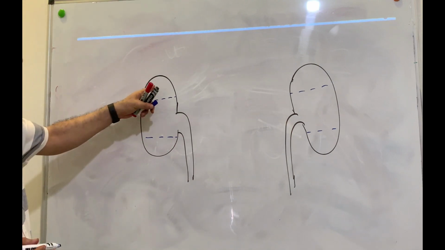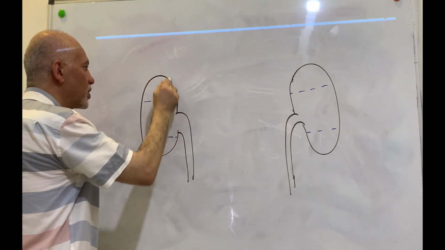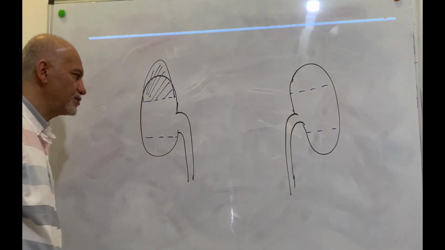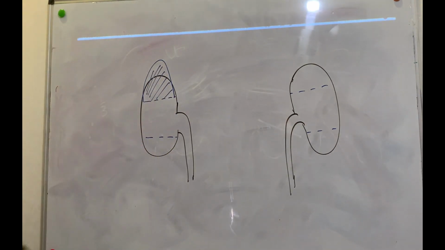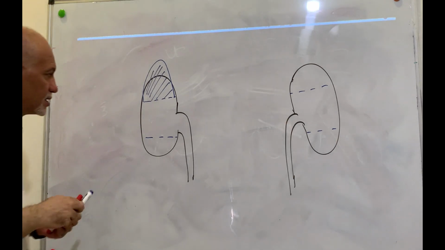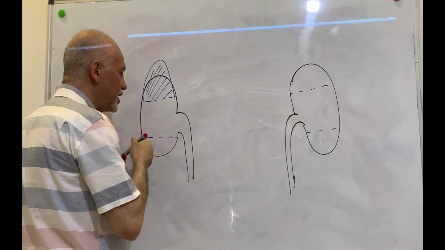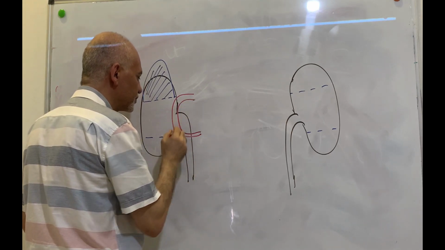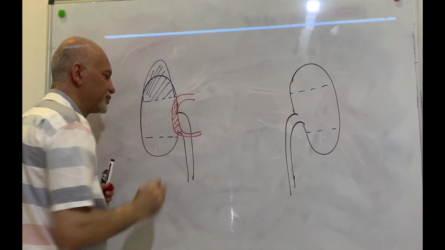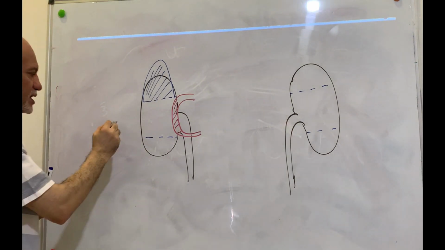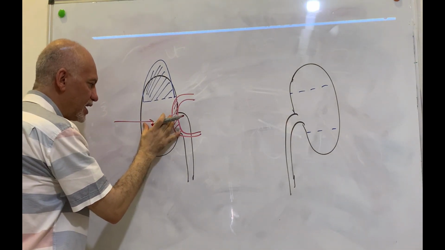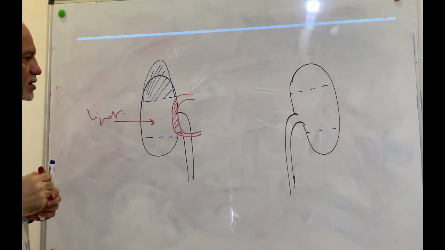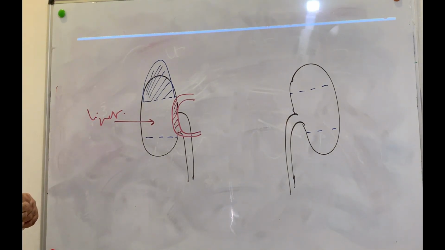The upper third of the right kidney is related to the suprarenal gland. The middle third near the hilum is related to the second part of the duodenum. And the lateral part of the middle area is related to the liver, right lobe of the liver, lower renal impression.